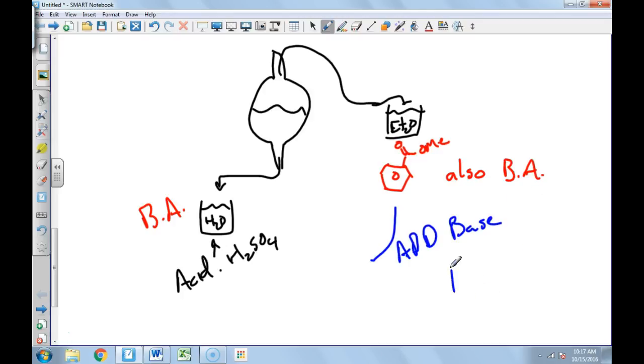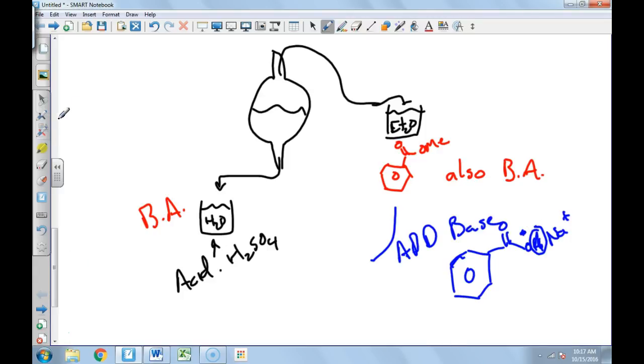So what that does is it takes the benzoic acid. Methyl benzoate, nothing's going to happen to at this point. So it's going to take the benzoic acid and remove this proton and turn it into sodium benzoate. What happens to sodium benzoate? Sodium benzoate is more soluble in water than it is in ether.